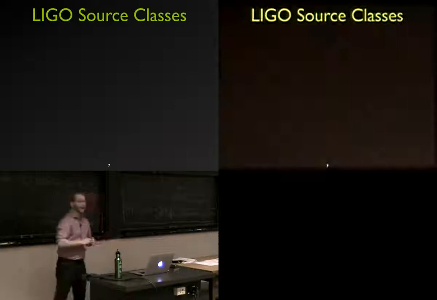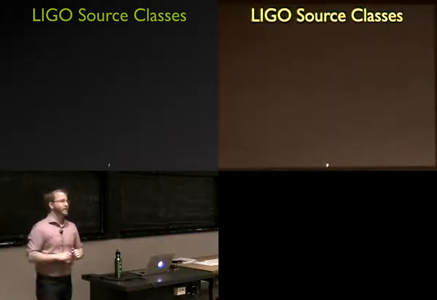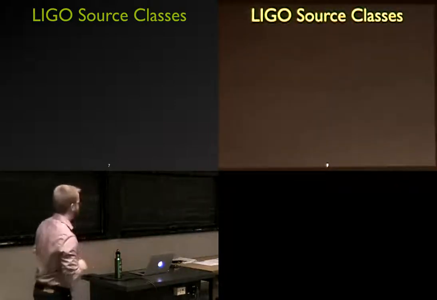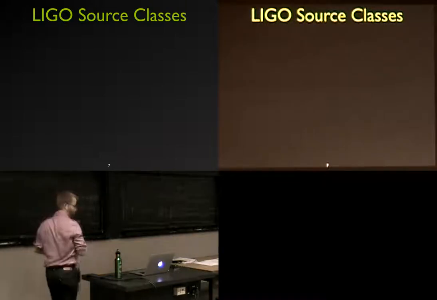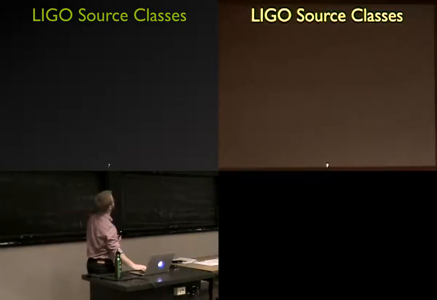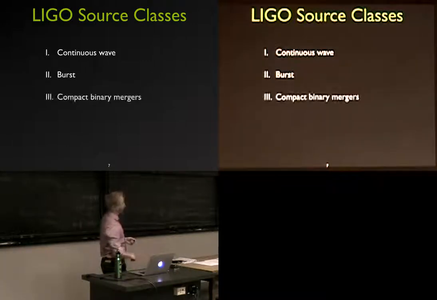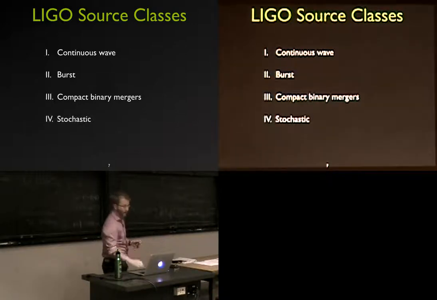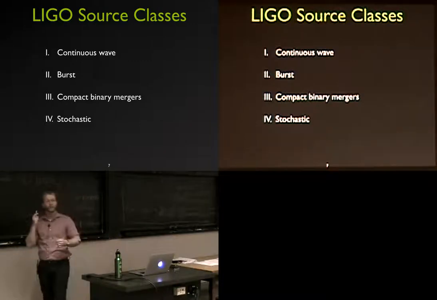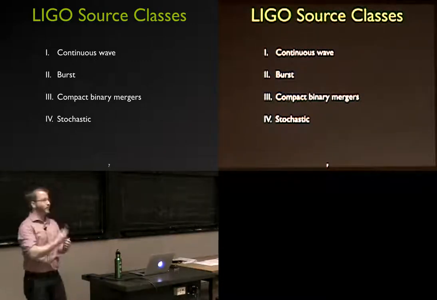All right, so gravitational waves, that final messenger that we just added to the mix. To remind you of the source classes that we have with LIGO, the kinds of gravitational wave emitters that we can detect with LIGO, we have the continuous wave, the burst sources, the compact binary mergers, my favorite, and stochastic background. So the top three are examples of gravitational radiation produced by individual events.